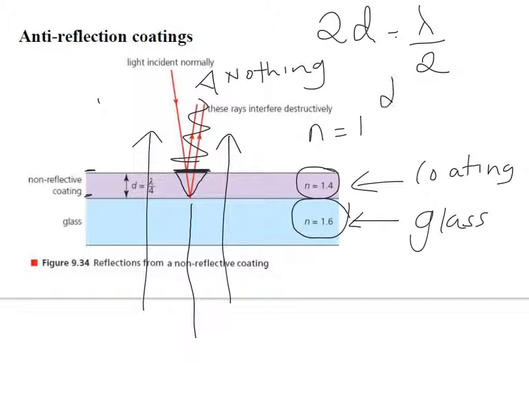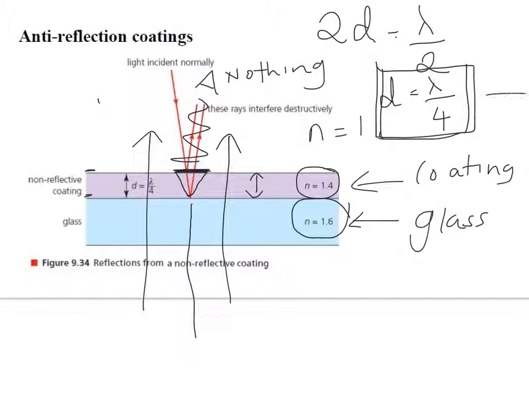So that means that the depth of this coating should be equal to lambda over 4. I hope that follows on clearly. And that's pretty much all they can ask. There's not an awful lot more you can be pushed on in this section.